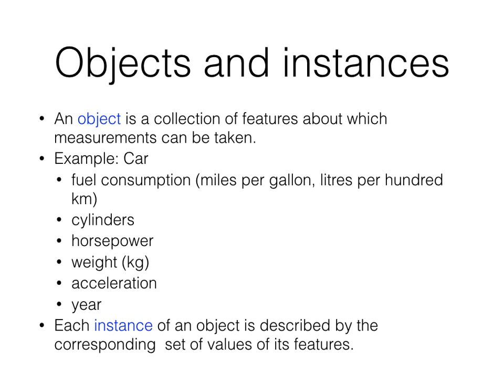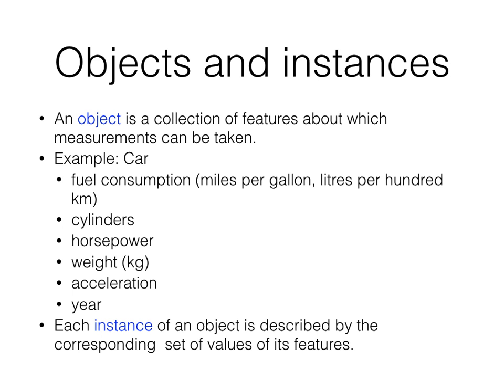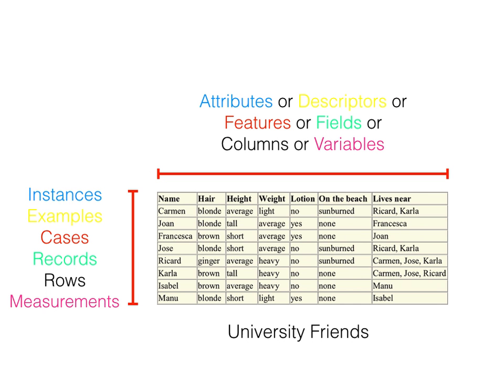So let's look now at a number of ways of describing our data. Here we've got a data set called University Friends, and it just looks like a spreadsheet table. Each row in our table is an example of a person, or an instance. So Carmen is an instance, Joan is an instance.